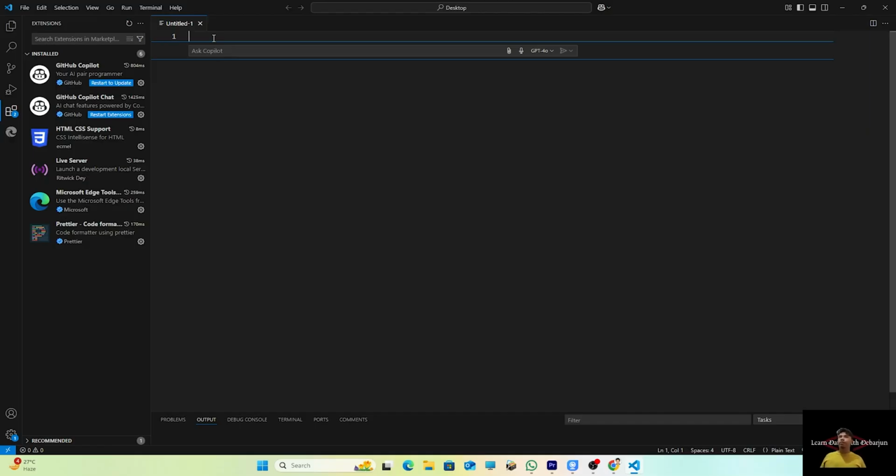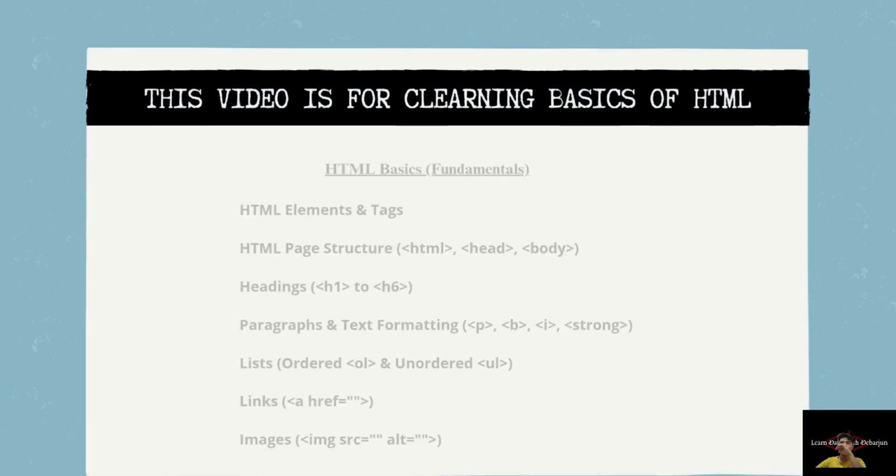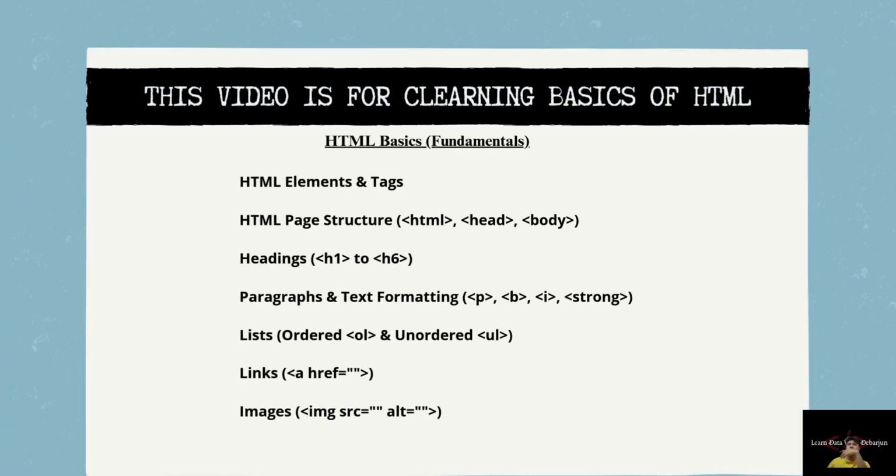So I hope you have downloaded every extension I have shown you. Now, in this video we are going to learn these things. This is the context of this full video. First we are going to learn about HTML elements and text.